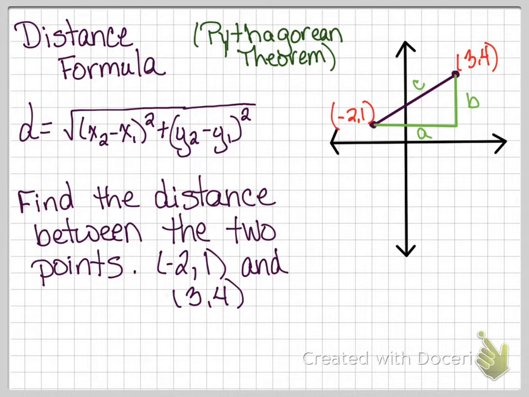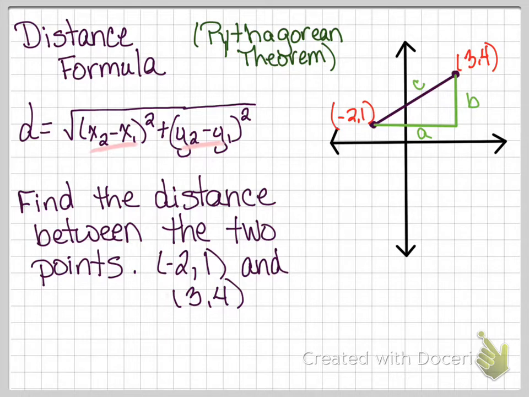Look at my distance formula right here. I have the distance between my x values, and then I'm squaring it. So that's a squared. Then I'm taking the distance between my y values, that's b, and I'm squaring it.